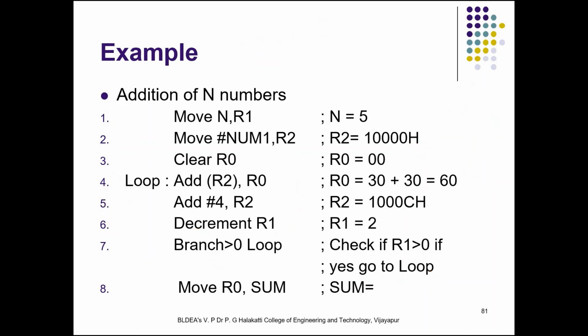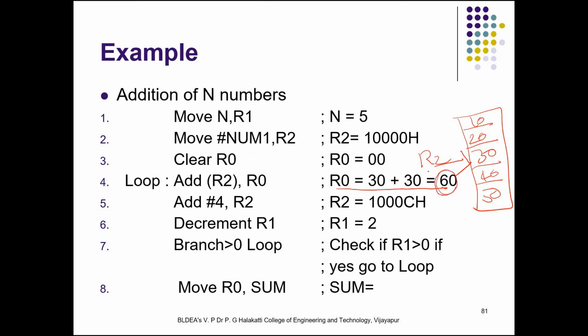Now see the next time. The next time R2 was pointing to 30. This was 10, this was 20, 30. Then we have 40, 50. So R2 was pointing here. So it will add the content of the memory location pointed by R2 to R0.